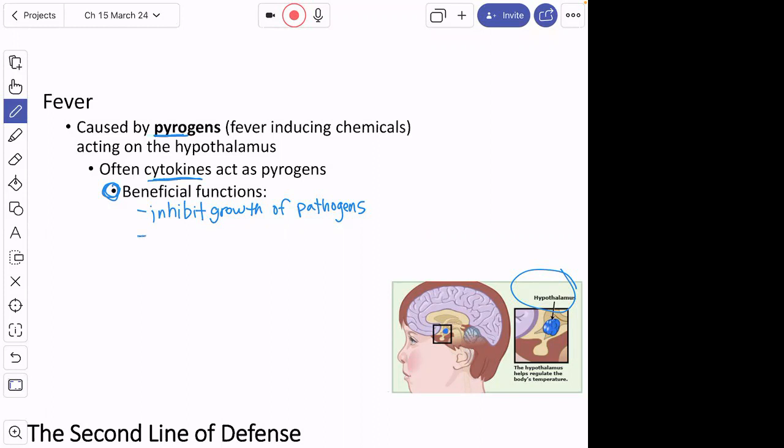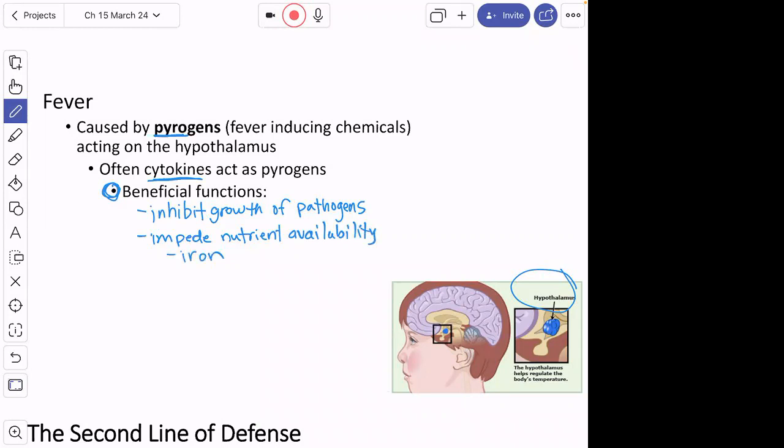We do know that increased temperature can impede nutrient availability. And the best example I can think of there is in terms of iron. We talked about this a little bit, their first line of defense, how there are different proteins that can be secreted that will sequester iron to keep it unavailable for pathogens.